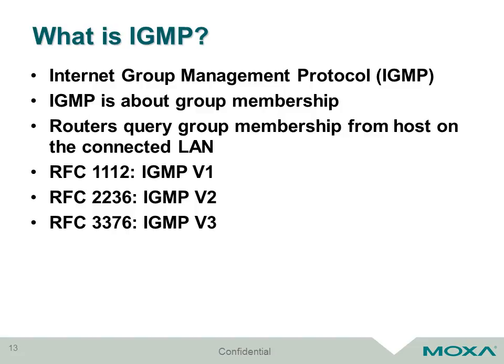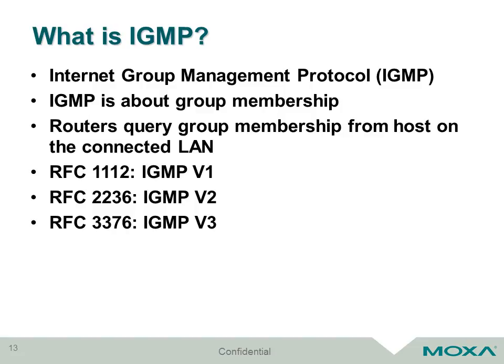So, what is IGMP? IGMP stands for Internet Group Management Protocol. The purpose of IGMP is to permit hosts to communicate their desire to receive multicast traffic to the IP multicast router on the local network.